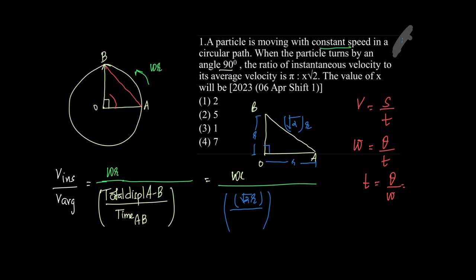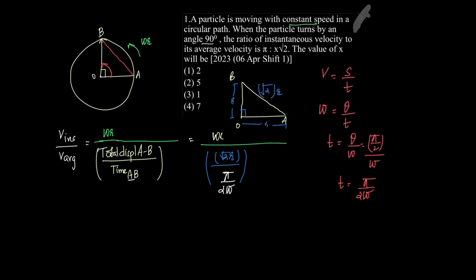Since the object has covered 90 degrees, the angular displacement is pi by 2. So t is equal to pi by 2 omega. We write here the time required for AB as pi by 2 omega.